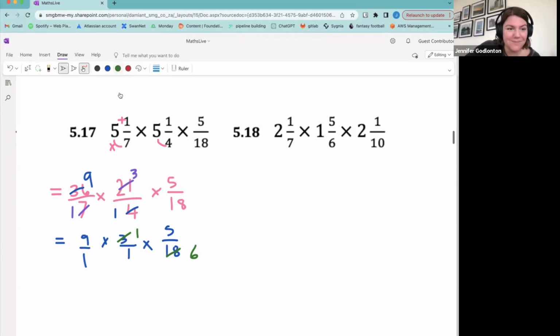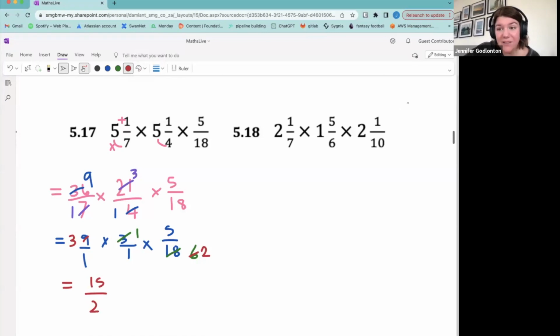So 3 goes into 6 2 times, and 3 goes into 9 3 times. So now we land up with 3 times 1 times 5, which gives us our 15, and 1 times 1 times 2, which gives us our 2.